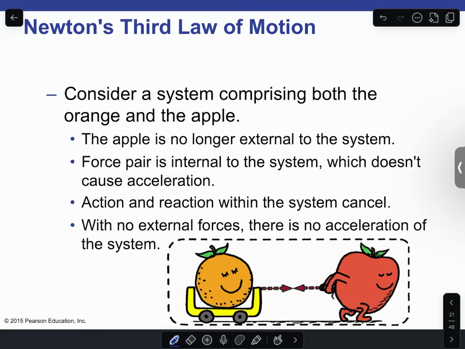The dealer is the apple, the dealer is the orange. My question is, if the apple is pulling the orange, it has to exert a force to pull itself and the orange, right? What pulls itself? I can't pull myself. Okay, so what is the force that's moving me forward? What is causing that force?